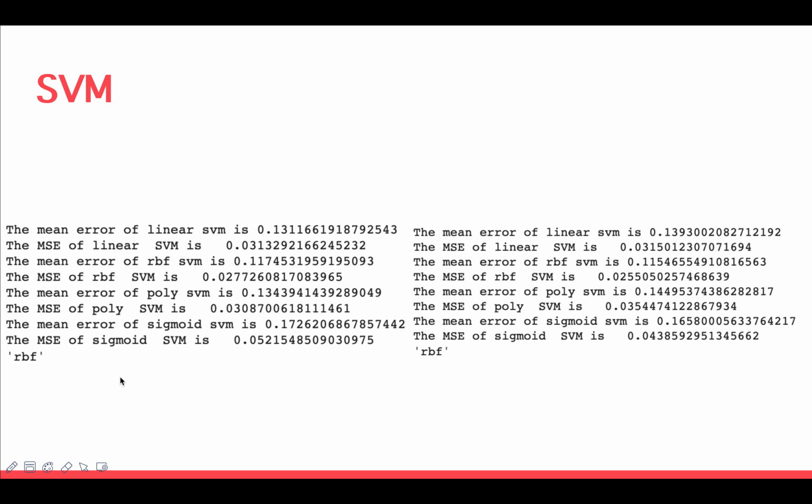Similarly for the SVM, we calculated the MSE for all the parameters, and we find RBF is better than linear, which is better than poly, which is better than sigmoid. So we use RBF for our SVM learning for the OTM and ITM options.